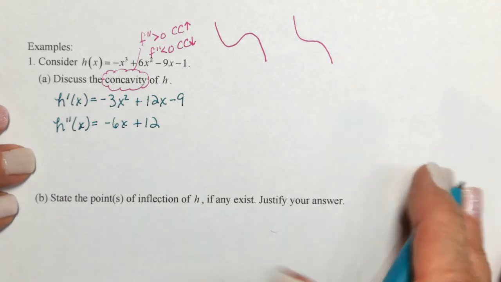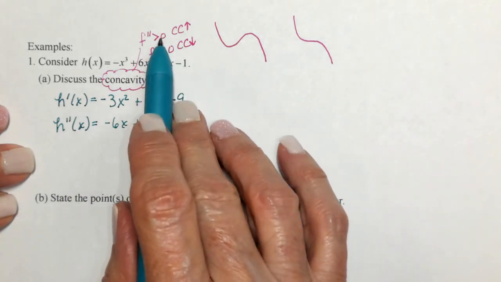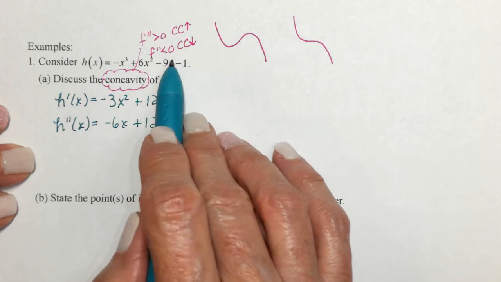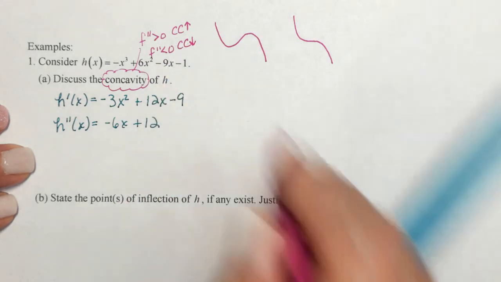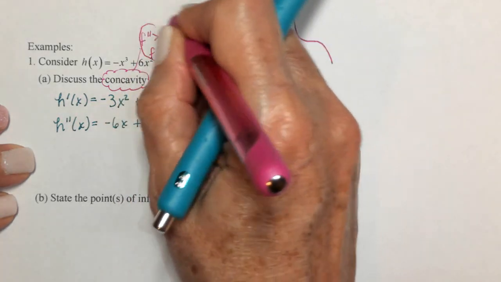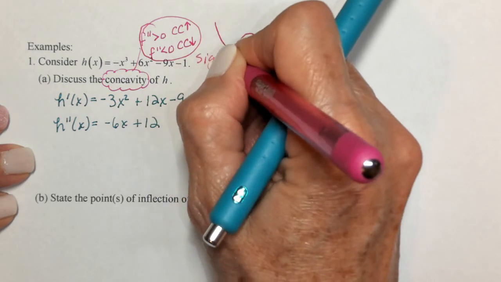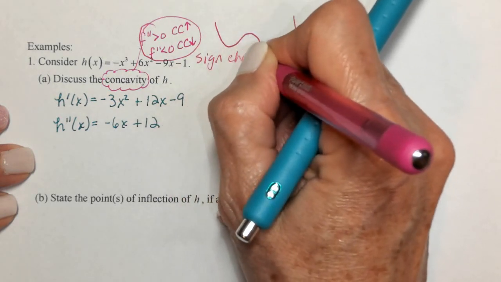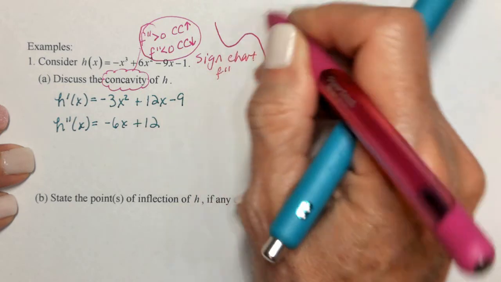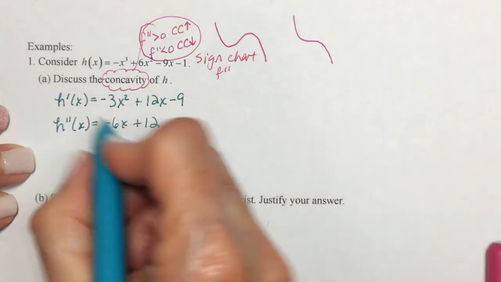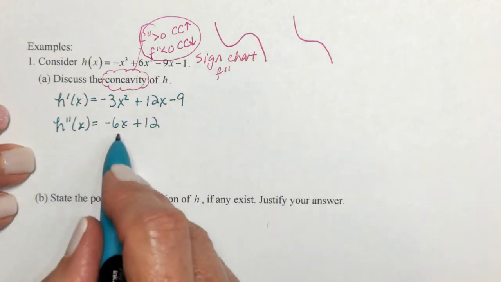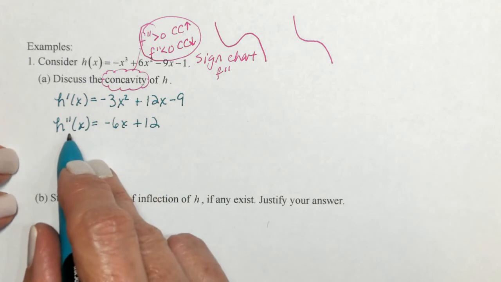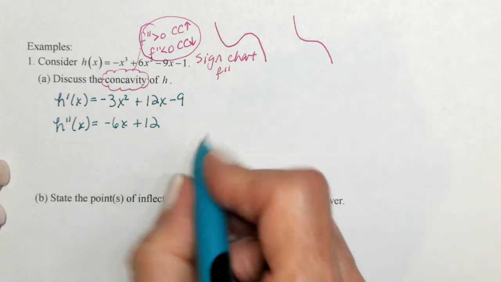So since we are looking for when f double prime is positive or negative, we need to sign chart f double prime. For the sake of your notes, I'm going to write this. Sign chart f double prime. Okay? So we're going to find the values of x that make H double prime 0 and then put those on a sign chart.